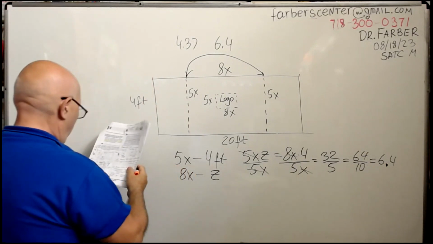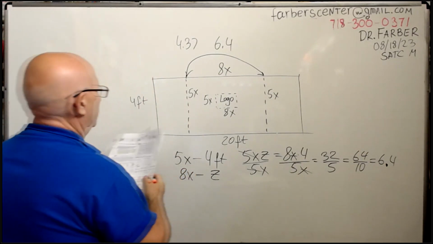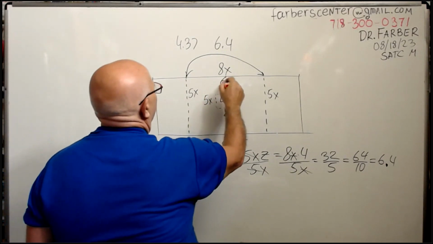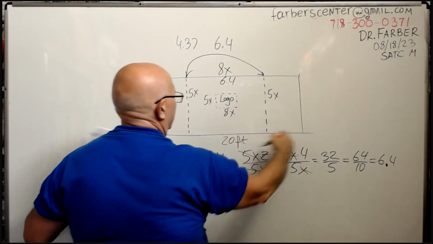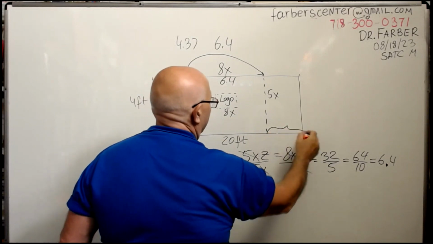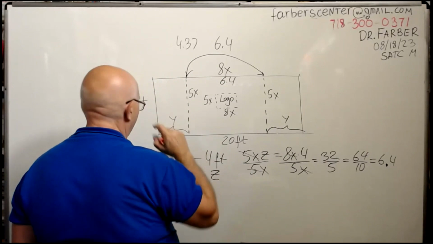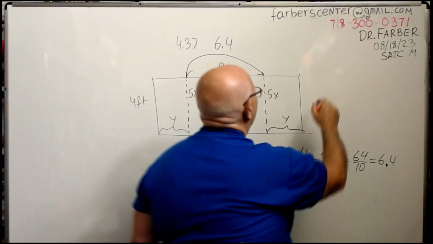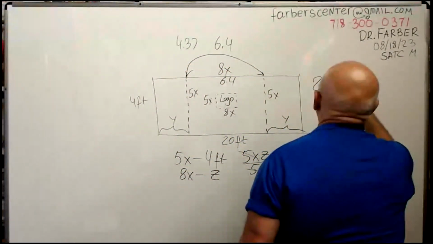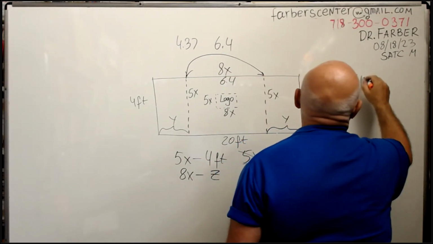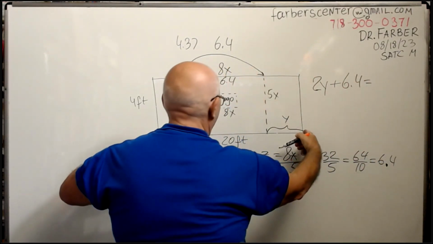They ask you to find margins. What is margin? So imagine this is 6.4 and this is 20. How to find these two pieces? I'll use some variable y: 2y plus 6.4 equals 20.